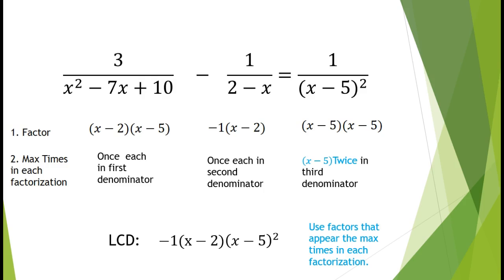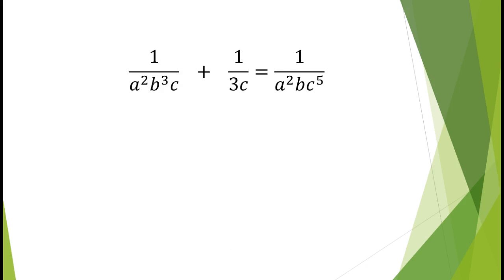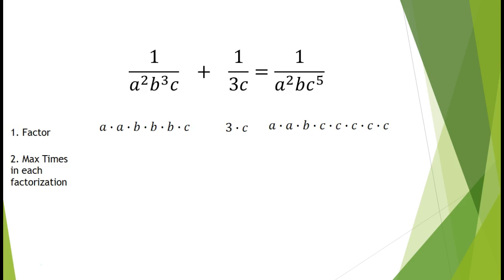One more example of that. Let's look at this. Now this is pretty easy to factor. I'm just going to write everything out in expanded form, and then I'm going to see how many times each factor was used in each denominator. So in this case, A was used twice, B was used 3 times, and C was used once in this first expression here.